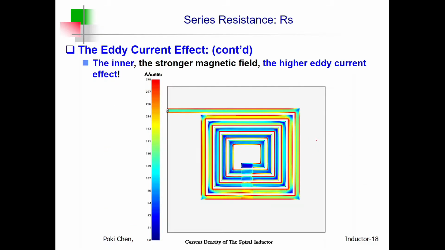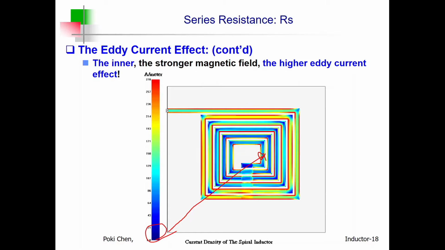You can see here, especially here, almost all the current is crowded here. So it means what? The RS here is smaller. I mean for outer coil and for inner coil, because most of the current is crowded here and to the other side, wow, the current density is really small.